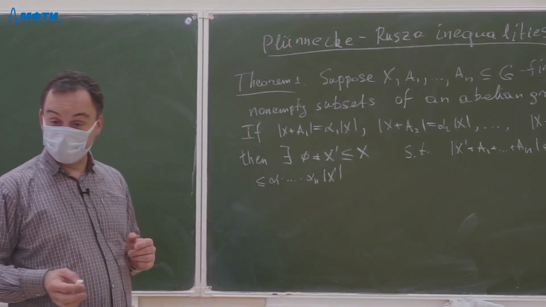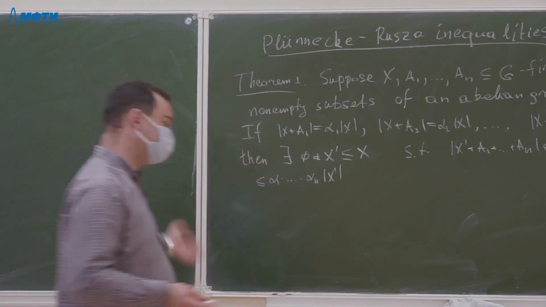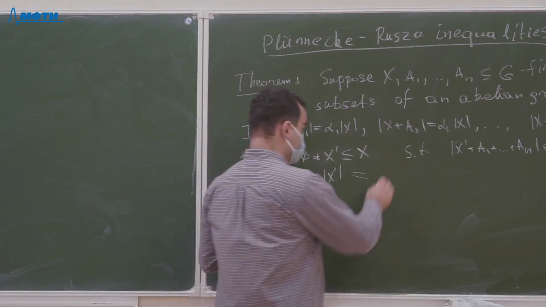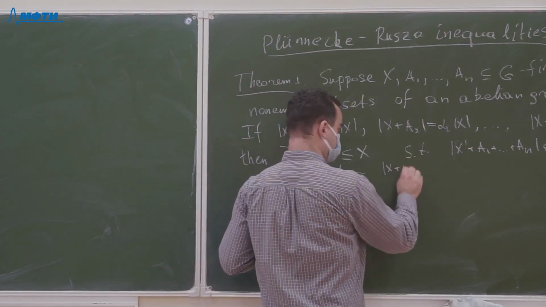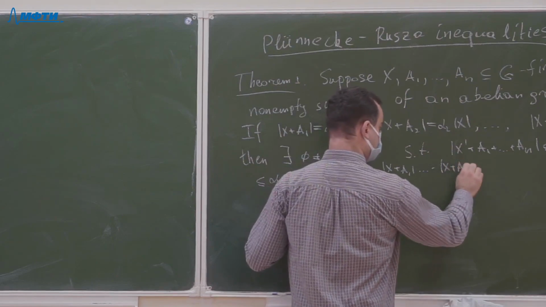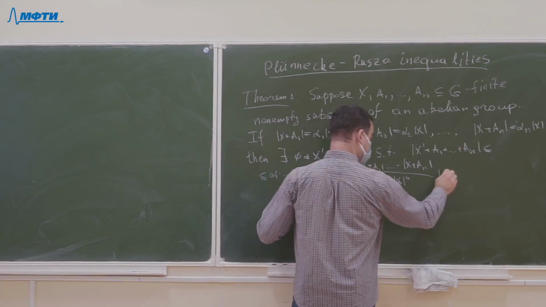If we rewrite it, it would be x plus a1, ..., x plus an, bounded in terms of x prime.